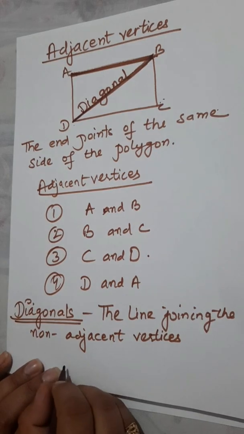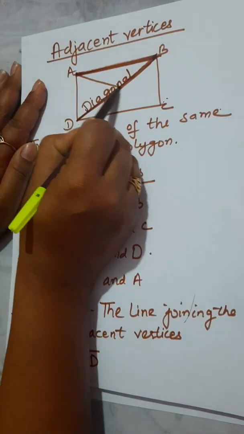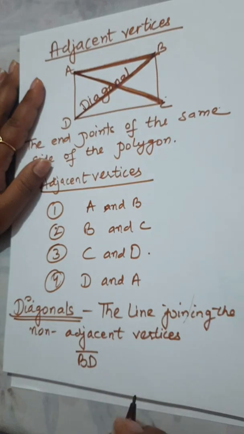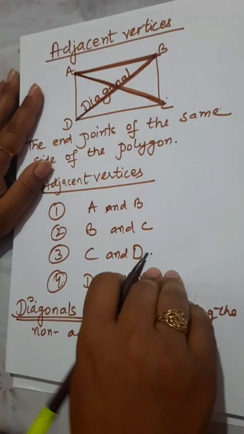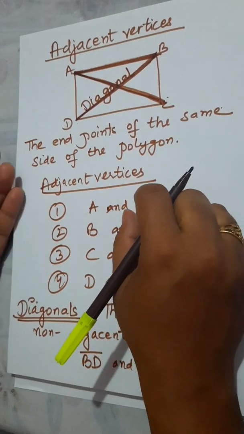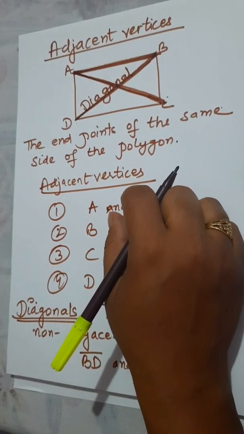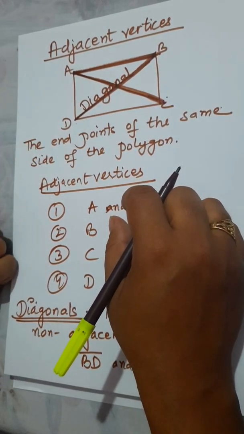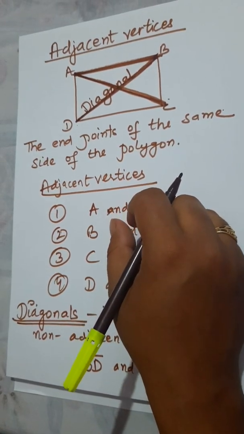So here diagonal is BD, and the second pair of non-adjacent vertices is this A and C. So second diagonal is AC. So this is all about open curve, closed curve, simple closed curve, polygon, then the sides, adjacent sides, adjacent vertices, diagonals of the polygon.